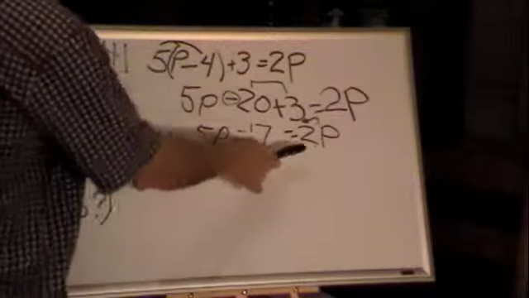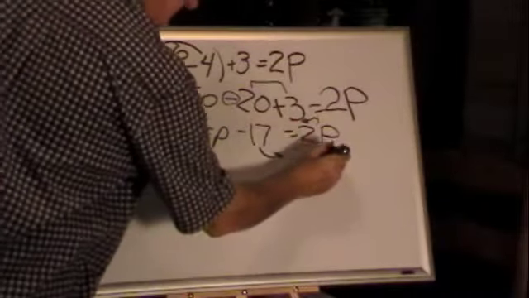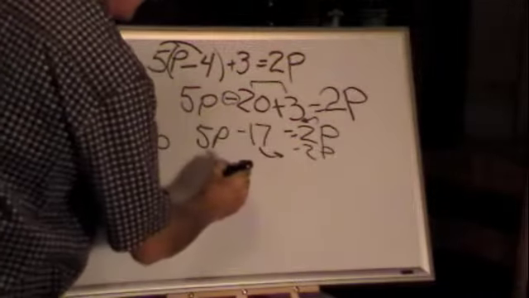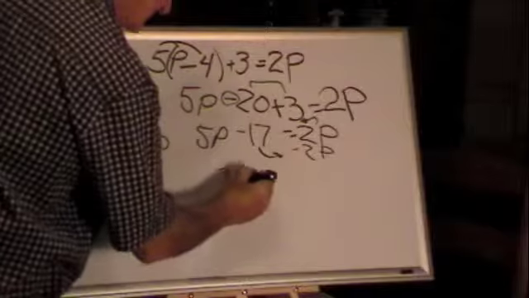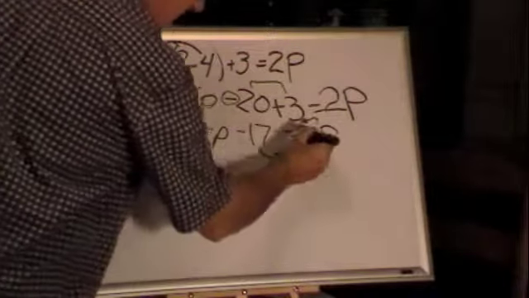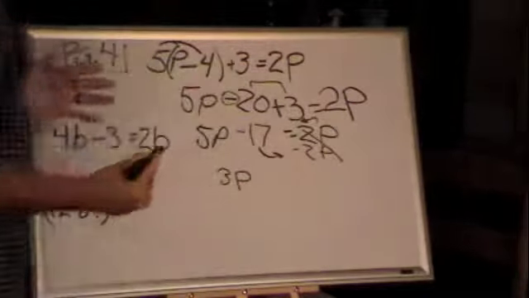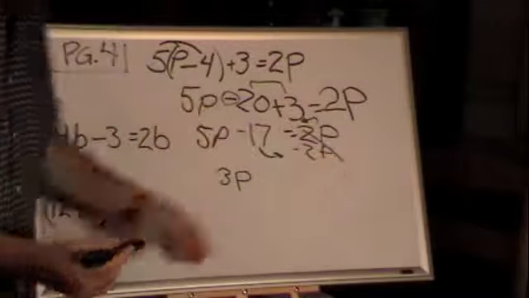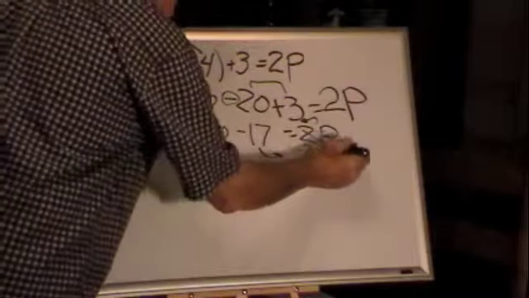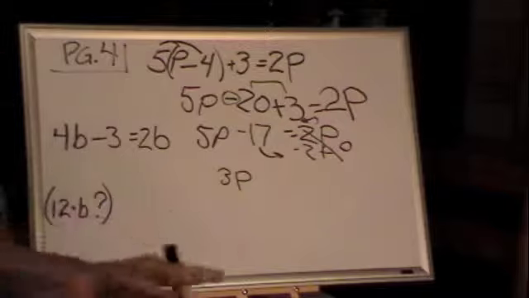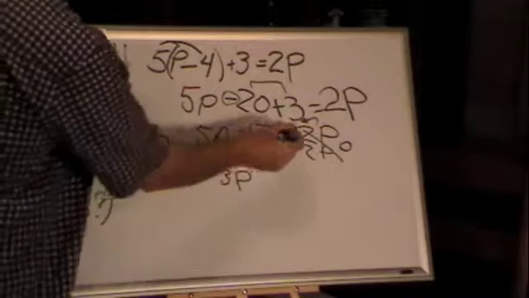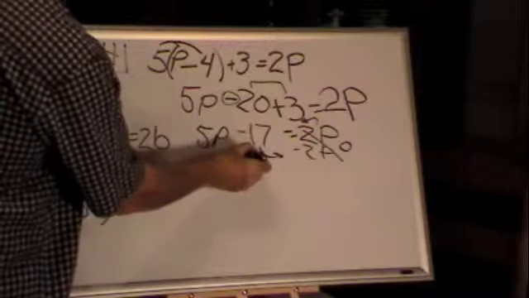All right? Subtract 2p from both sides. That leaves you with 3p. Right? That goes away. Now, temporarily, there's nobody over here. There's a 0. Are you nervous? Calm down, calm down. Leave it alone. Let's move the 17 over. Negative 17, how do I get it?